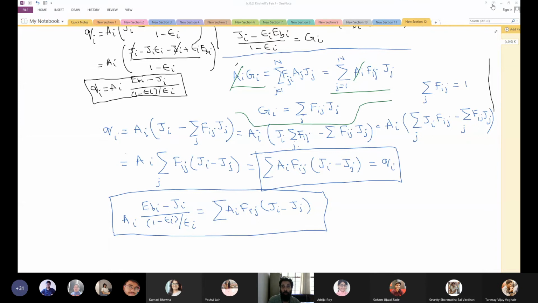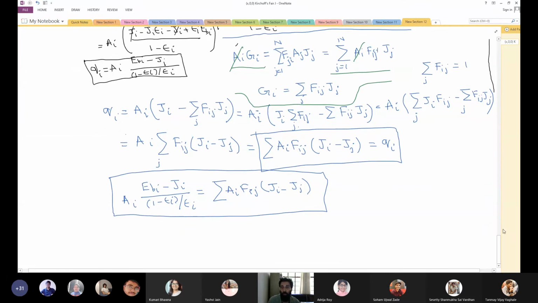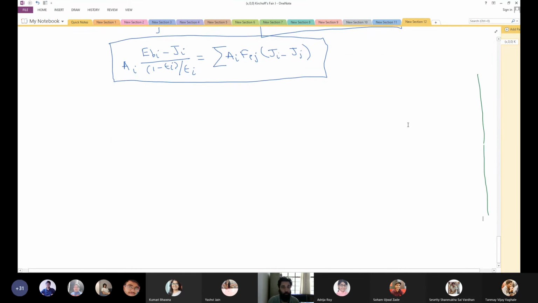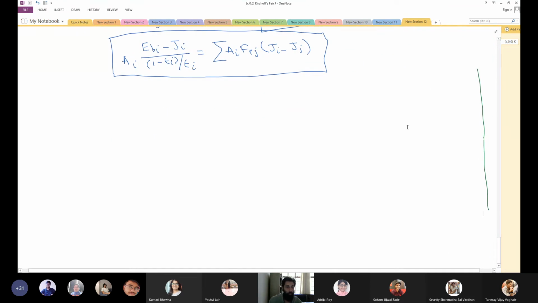So now let me also draw it. We have two surfaces, both again the same dimension.